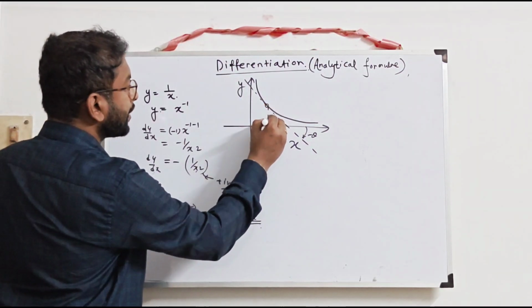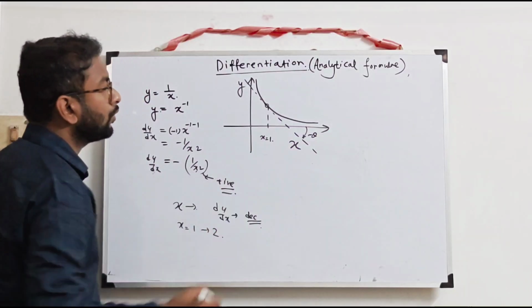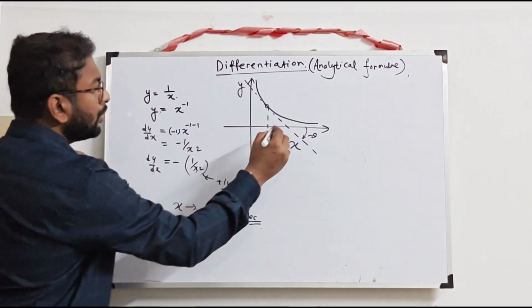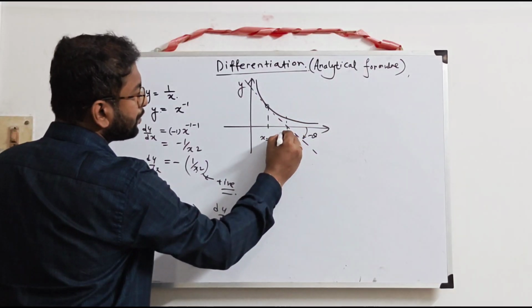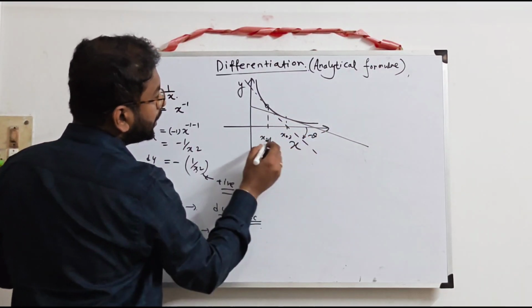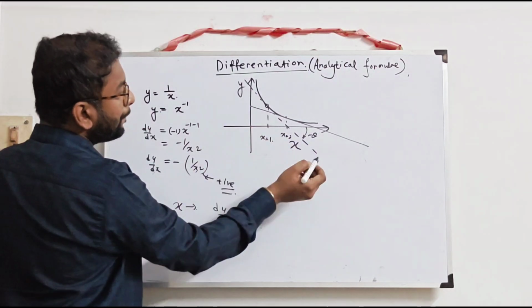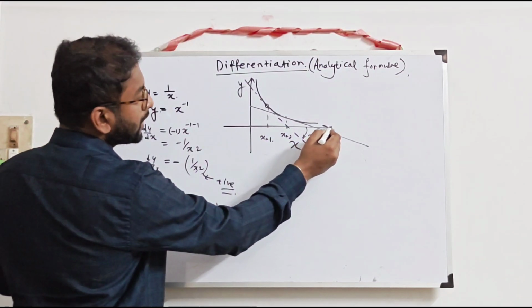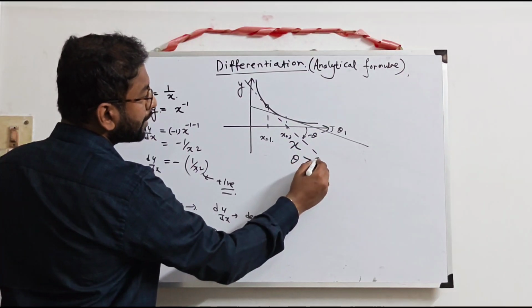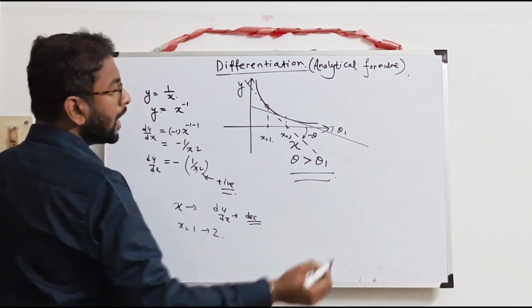At x equal to 1, I have drawn one tangent, and it makes some angle with the positive x-axis. Now at x equal to 2, if I draw one tangent, it is less steep because it makes less angle, let's say theta 1. So theta is always going to be higher than theta 1.